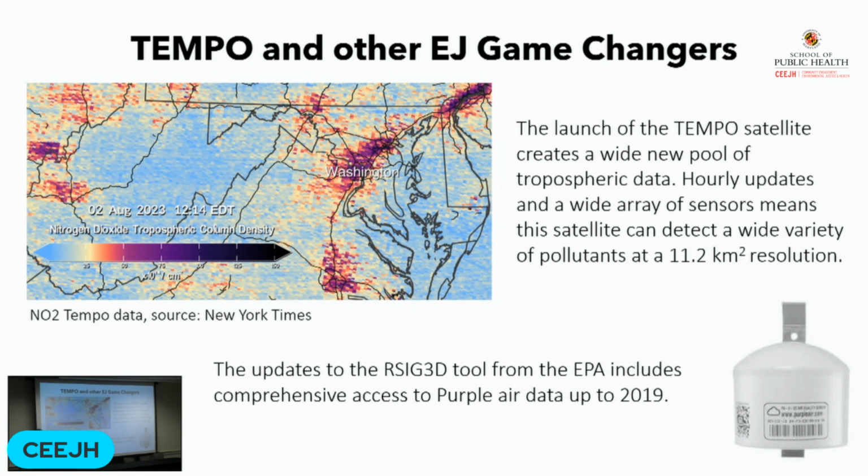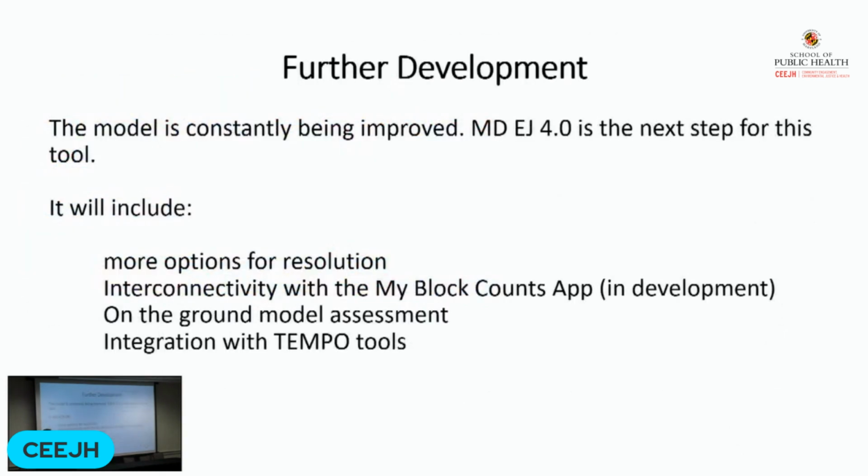This tool pulls in all the information from all of the PurpleAir monitors and gives you a much clearer example of what the AQI would be, provided there are sensors in your neighborhood, right? At least in Maryland, we have a pretty large network, at least in the Southeast, but it gets more diffuse as you go up. It really depends on your neighborhood when you're using this tool, but it is a really big game changer.